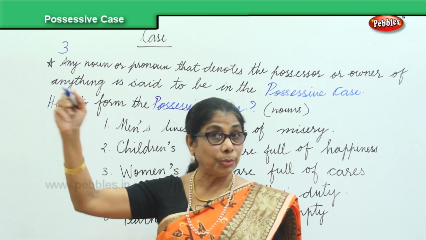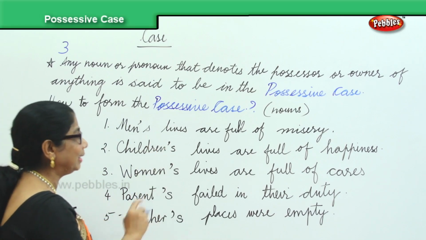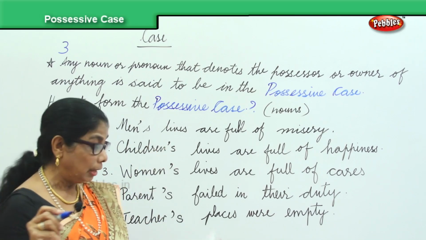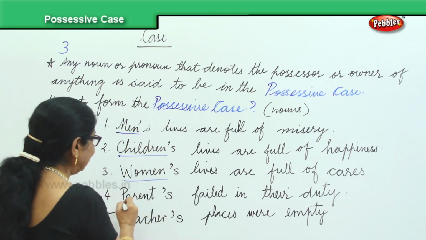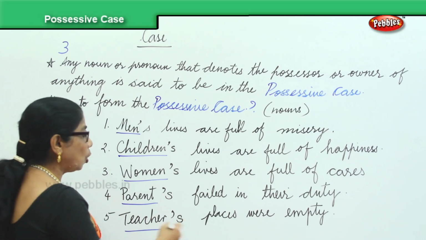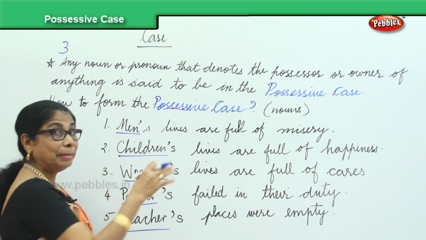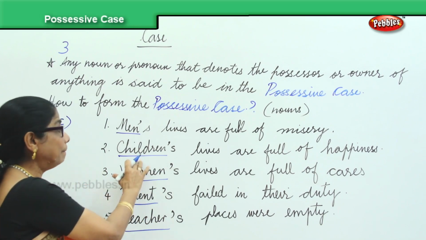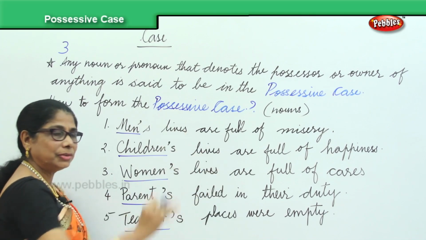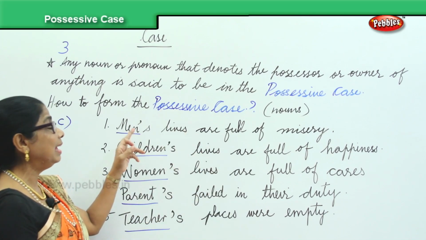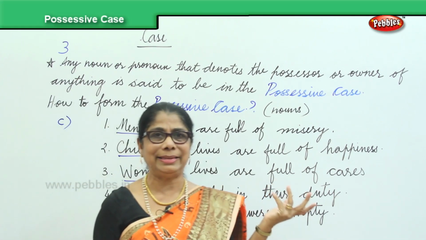After the girls, you put an apostrophe and we form the possessive case. Now, in the third case, you have all plural. You have the men, the children, the women, the parents, the teachers, all are plural. And in this case, you don't say one man, many man here, many children, many women, many parents, many teachers. So, when there is many, the apostrophe after the plural word followed by an S.